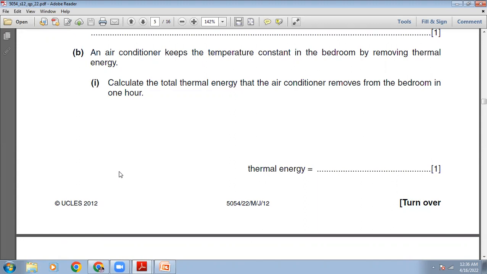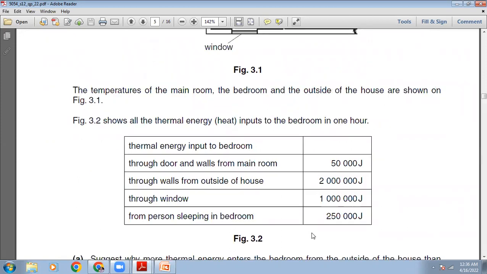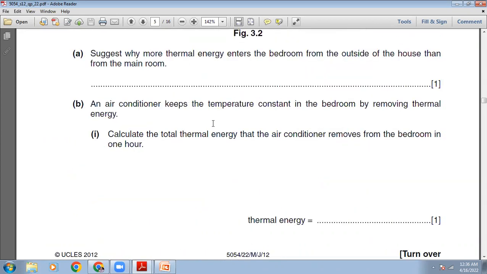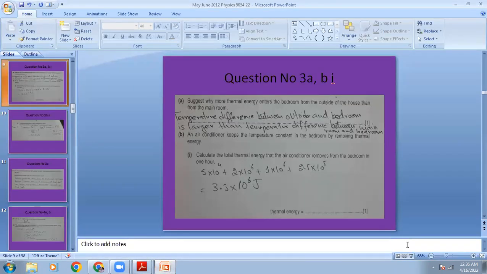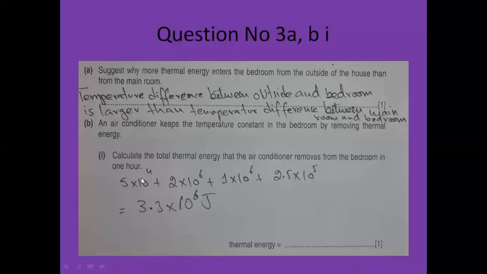So I will add up all these energies which are coming into the bedroom, and the air conditioner has to remove all these energies. So it's 5 times 10 to the power 4 plus 2 times 10 to the power 6 plus 1 times 10 to the power 6 plus 2.5 times 10 to the power 5, and that will be 3.3 times 10 to the power 6 joules.